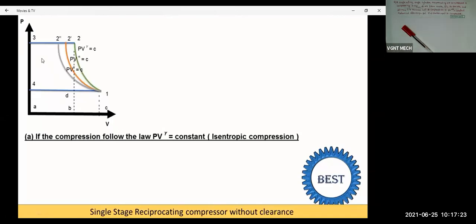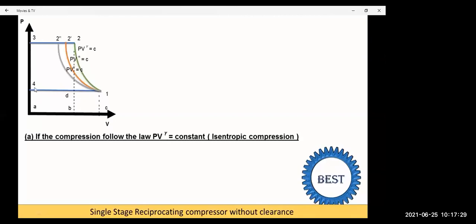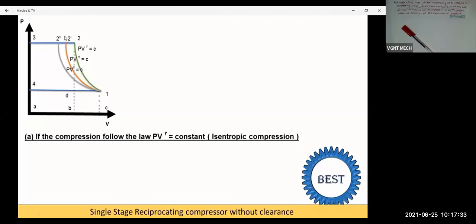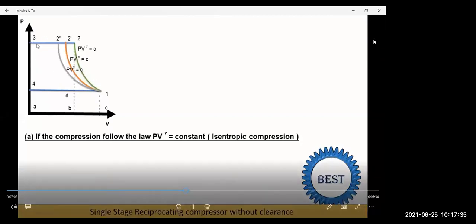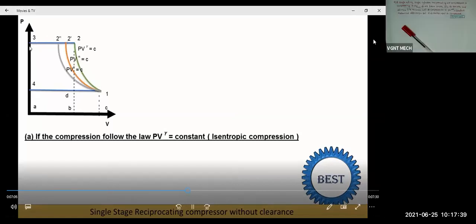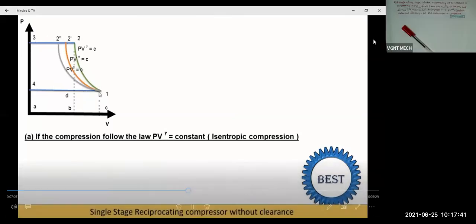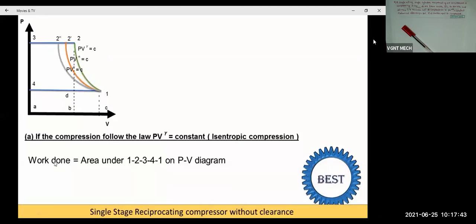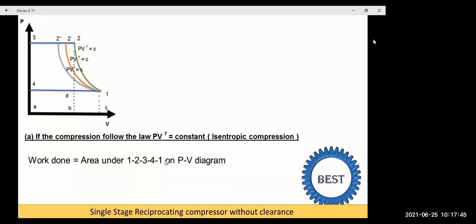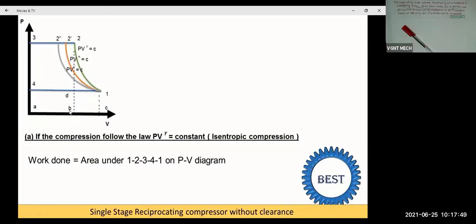The work done is equal to the area under this curve, the area under 1, 2, 3, 4, for a reciprocating compressor without clearance. Now we divide this area into 3 different parts.